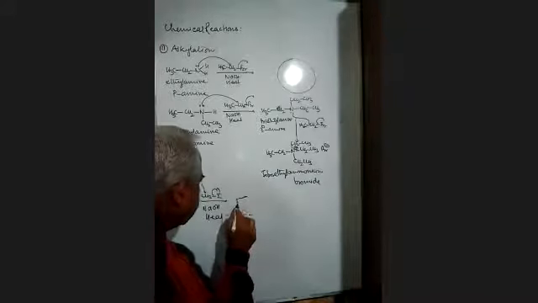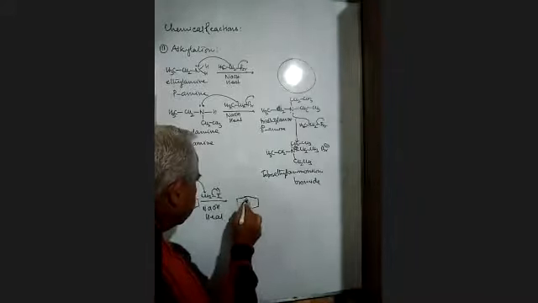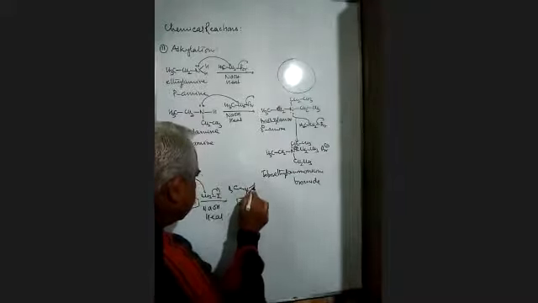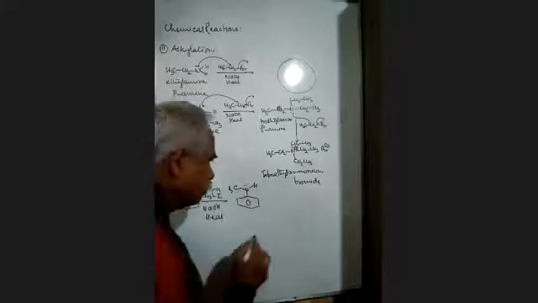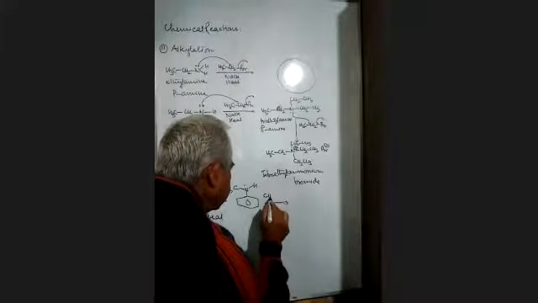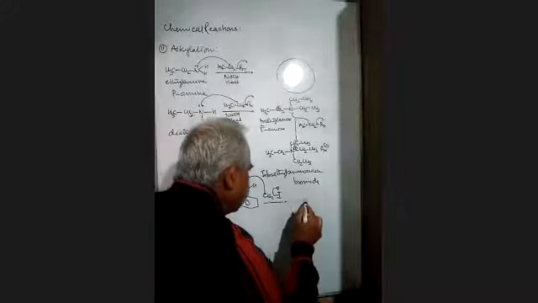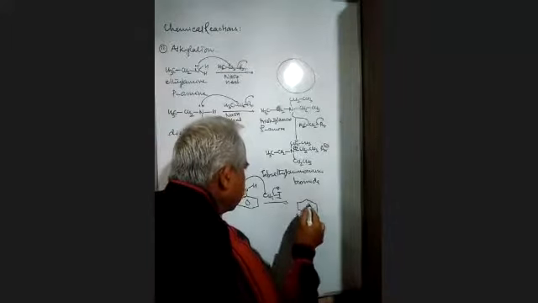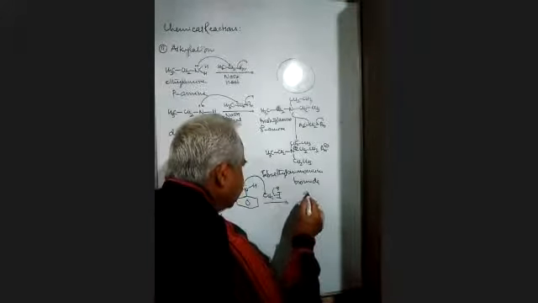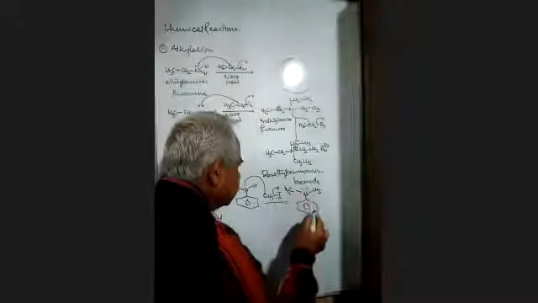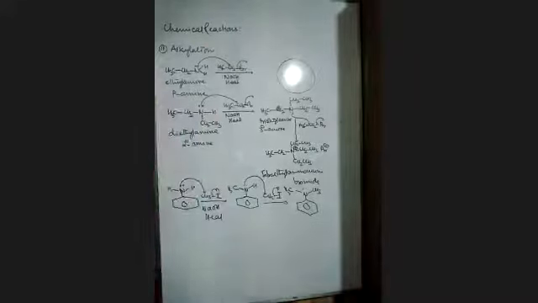So now here you get N-methyl. Again, if you react, you'll get here N dimethyl. And that's all. We will not go further. Okay. So this is aniline. This is N-methyl aniline. That is N comma N dimethyl aniline.